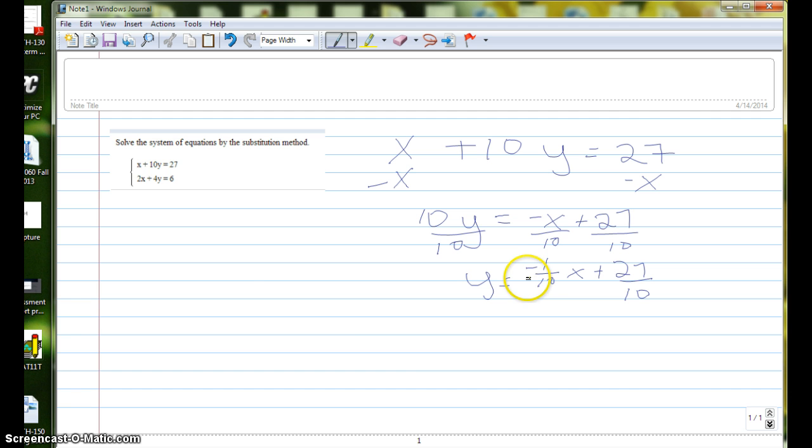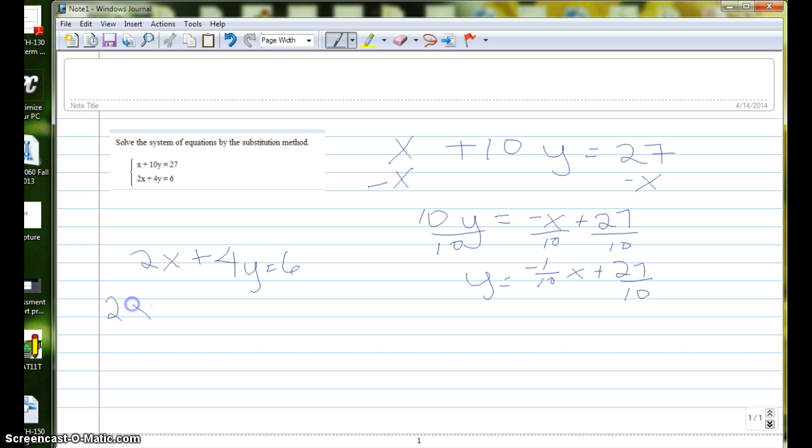Now, to finish the problem, you're going to plug that in for your y in your second equation. The second equation is 2x plus 4y equals 6. So we're going to plug that whole expression in for y, with parentheses.